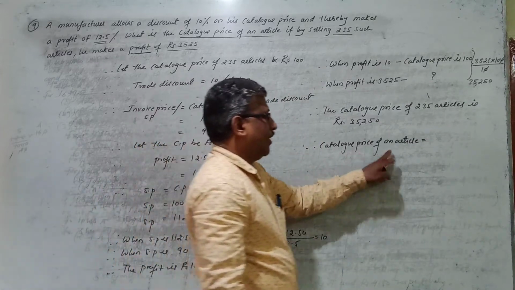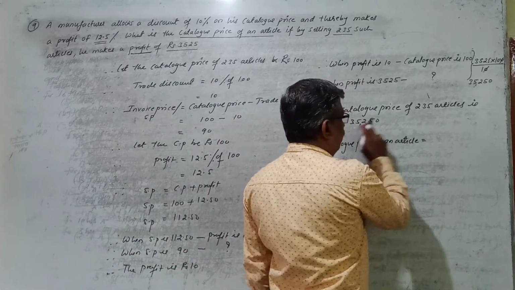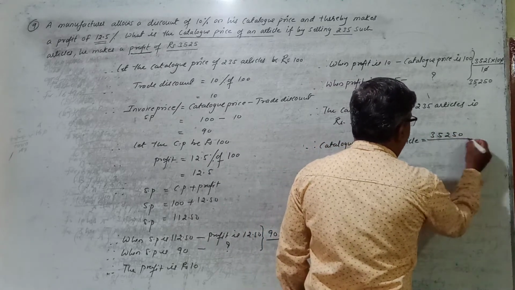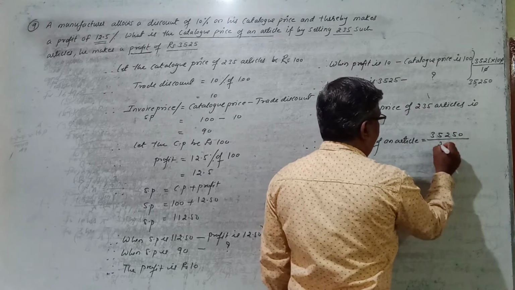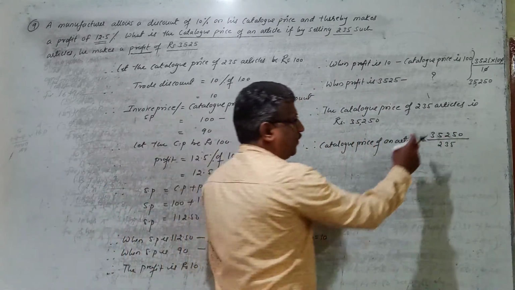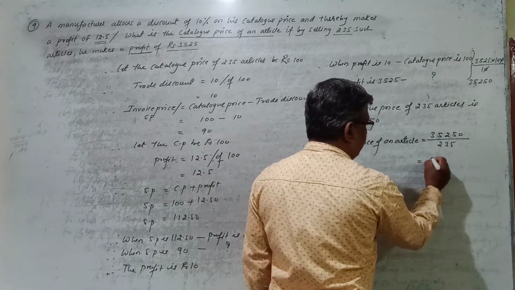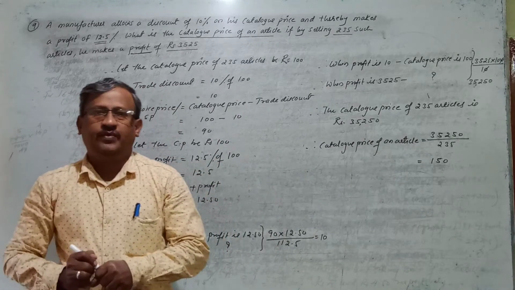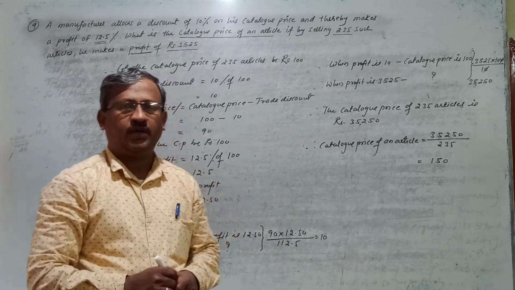Therefore, the catalog price of an article is equal to total catalog price 35,250 divided by number of articles 235. So 35,250 you divide by 235 articles. So we get rupees how much? 150.